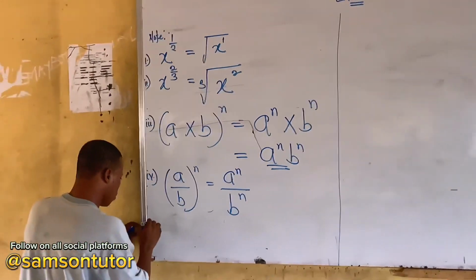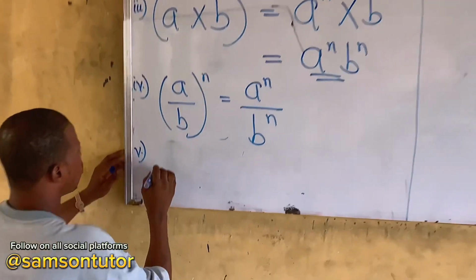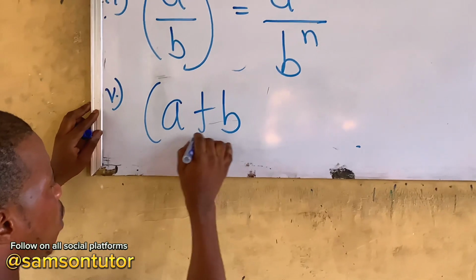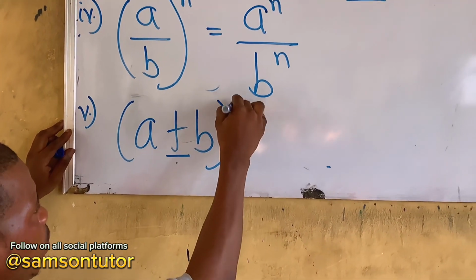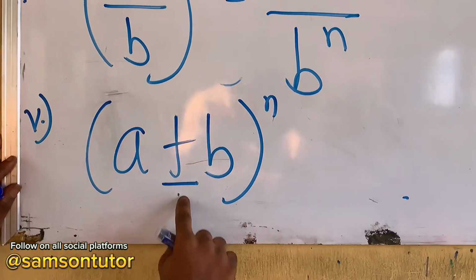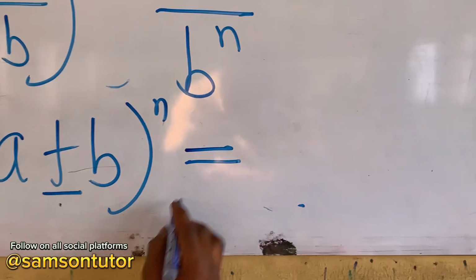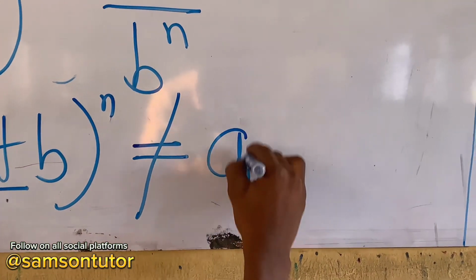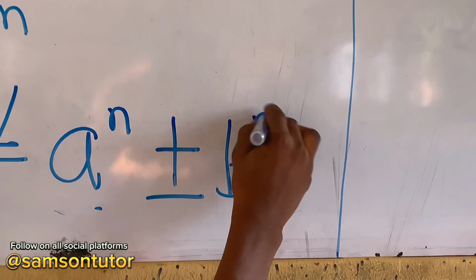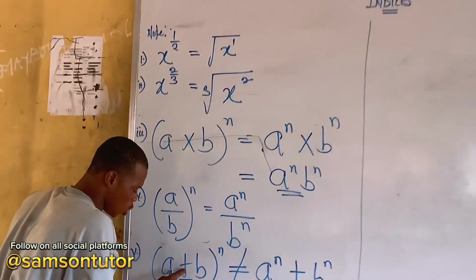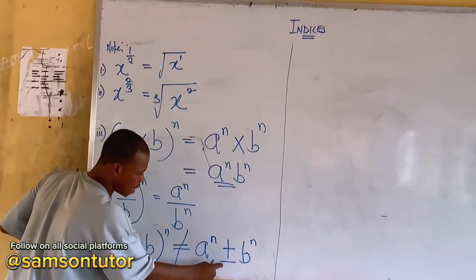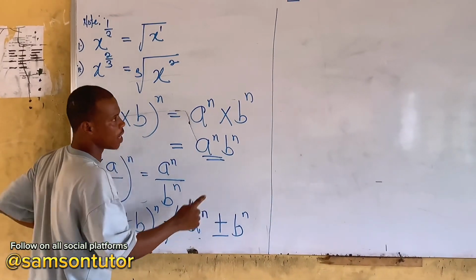The next thing, Roman figure 5, says that when we have open bracket a plus or minus b, close bracket, raised to power n, it does not equal a raised to power n plus or minus b raised to power n.